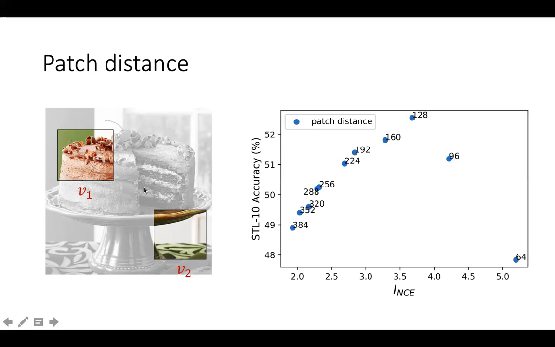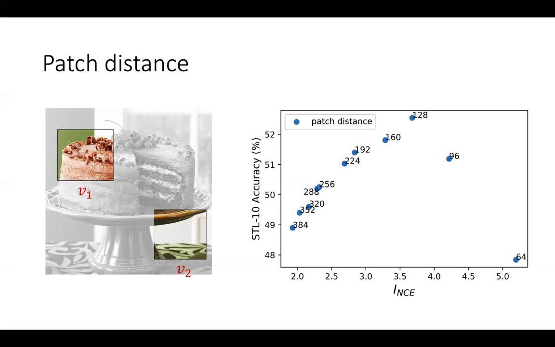So in this example, what we do is we extract two patches from the same image to construct a positive pair. You can imagine we can control the distance between these two patches. If they are close enough, the mutual information between them is higher. If they are further away, the mutual information between them is lower.